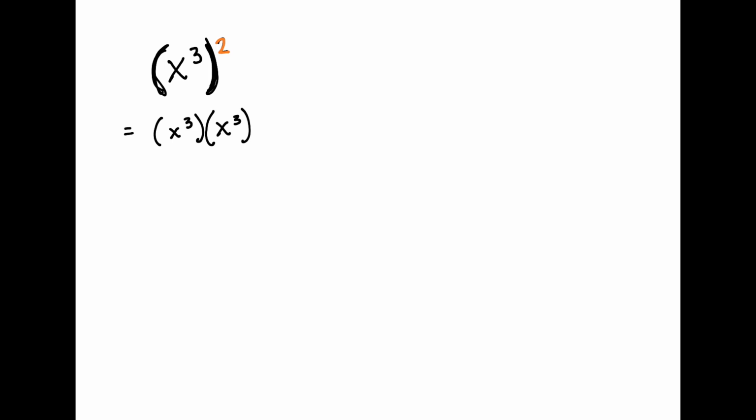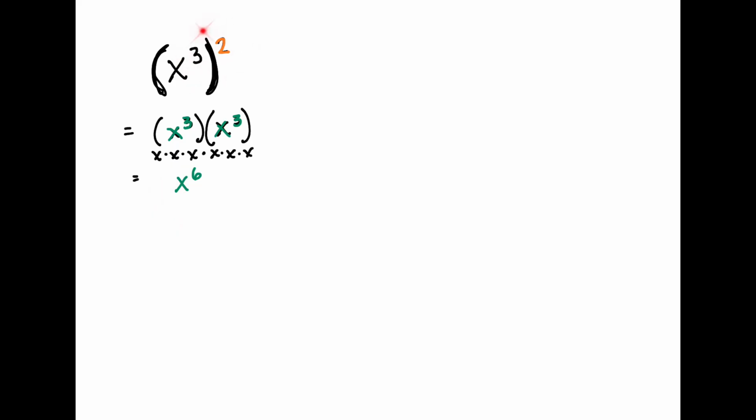Okay, so we can use what we just learned, and we can recognize that the bases are the same. So we're going to add the exponents, and we get x to the sixth. Or you can recognize that this means 3 x's times together, and so does this. And we are timesing those. Total of 6 x's multiplied together.